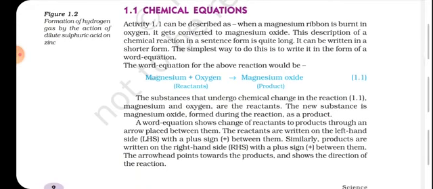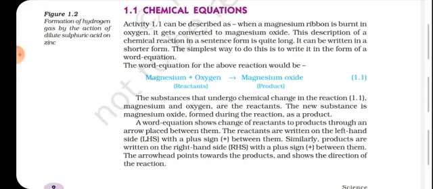The simplest way to write a chemical reaction is to write the names in the form of words. But if the reaction is elaborate, that means it is long, it is difficult to write everything in words when we have to represent molecules and the number of atoms.